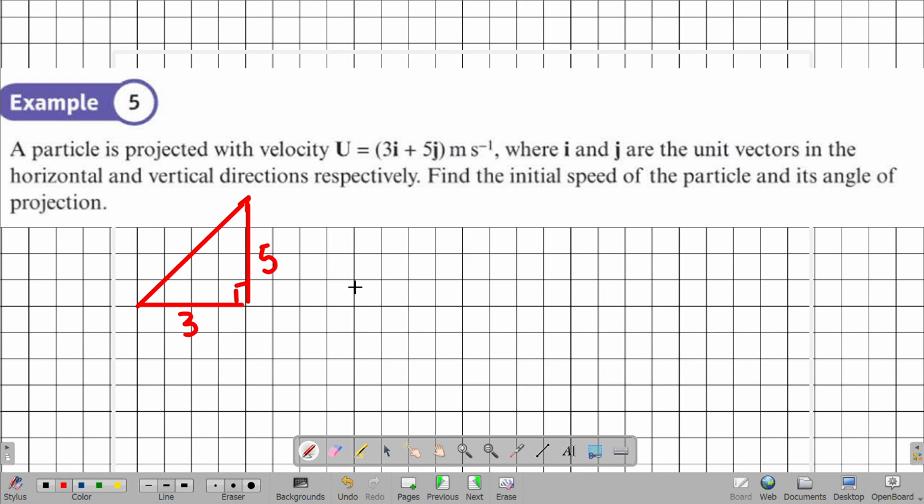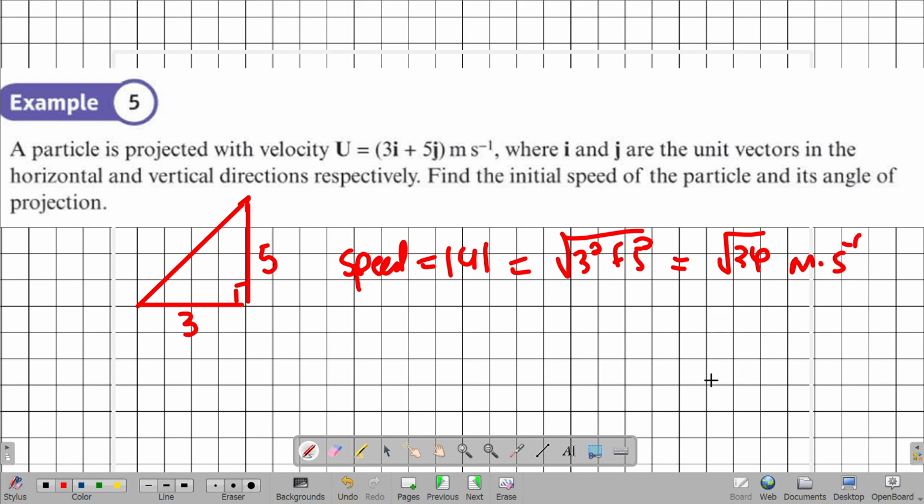So the speed, which we can call u modulus, is just the square root of 3 squared plus 5 squared, which is equal to root 34. There's no need for me to simplify this into decimal places unless specified by the question. So the question says find the initial speed of the particle and its angle of projection.